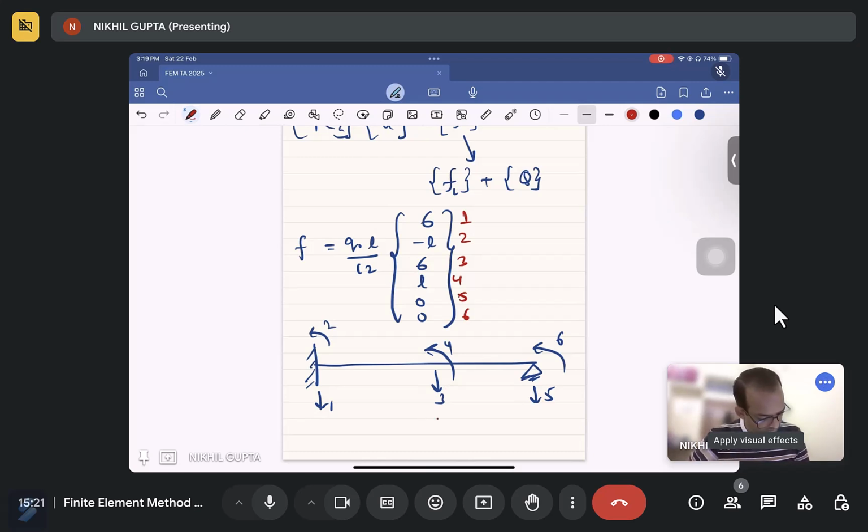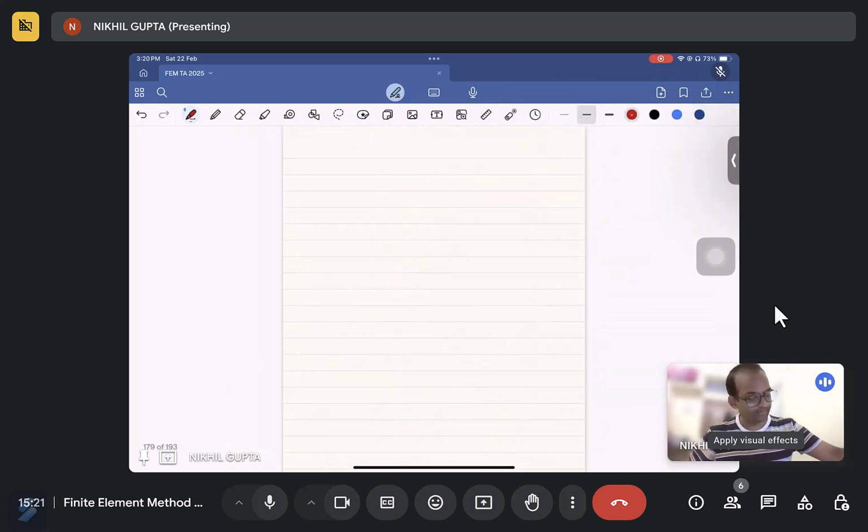So q3 is equal to 0, q4 equals 0, and also q6 is equal to 0, because these are not the reactions which are acting, we have to compute them. So to solve it, we have our full K matrix.